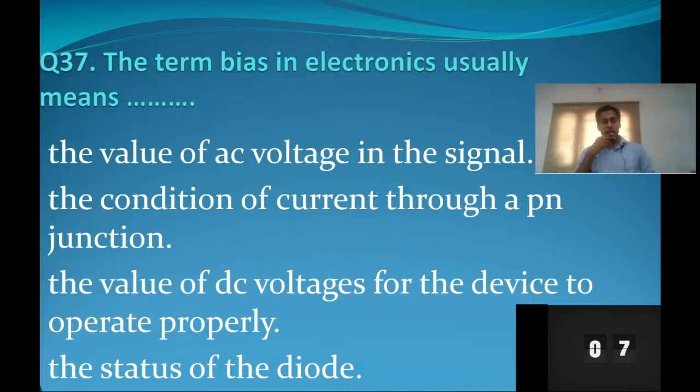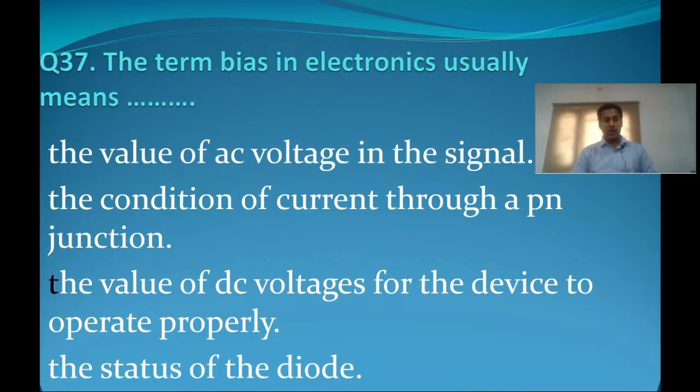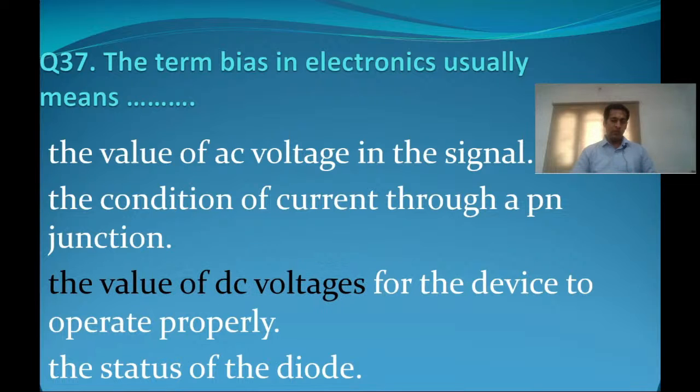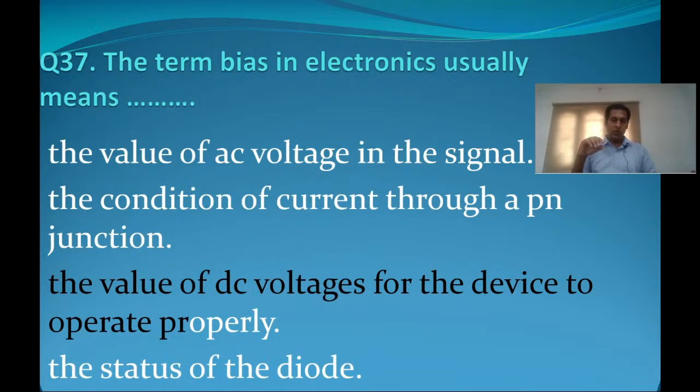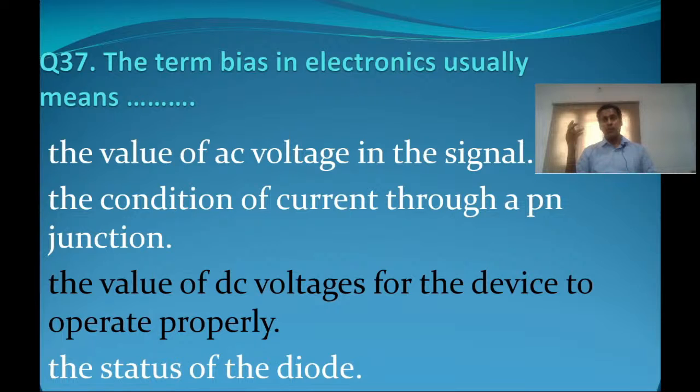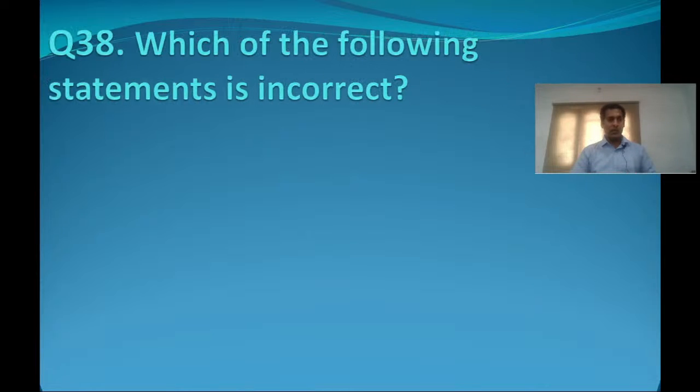So what should be the answer? Your time ends now. The answer is the value of DC voltages. What should be the input voltage? How much minimum voltage must be given to make that particular device in on condition? So that is the correct answer.